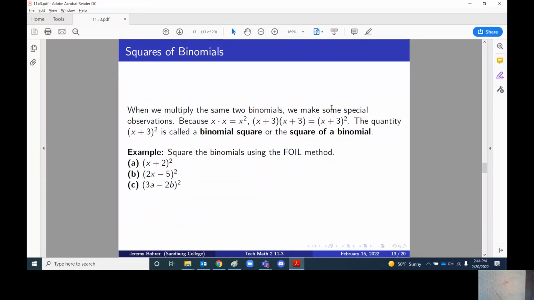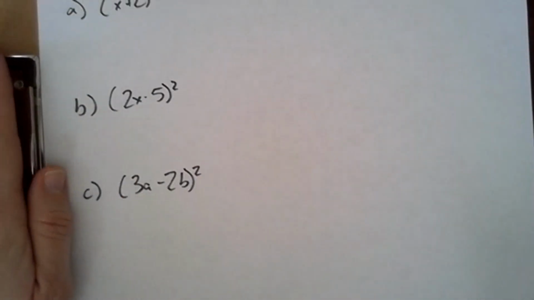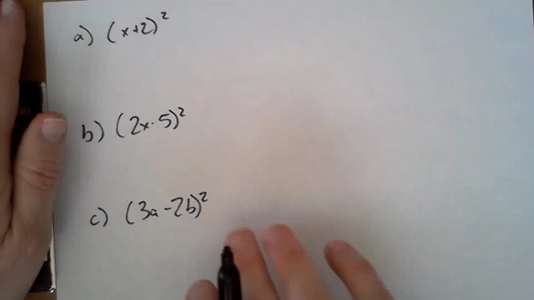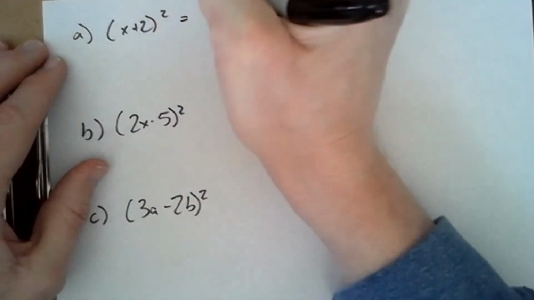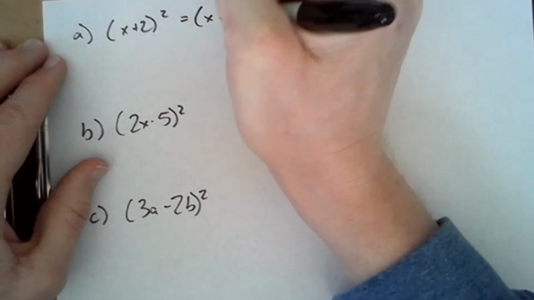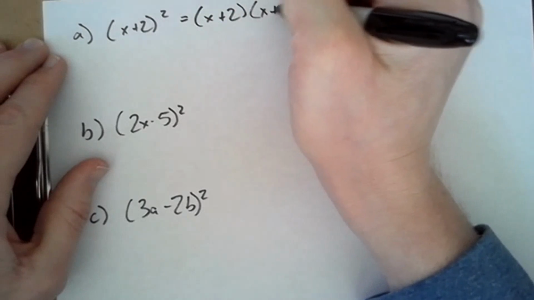Next, we're asked to square these binomials using the FOIL method. And here we have those binomials. Okay, well, that's just a matter of taking x plus 2 times x plus 2.